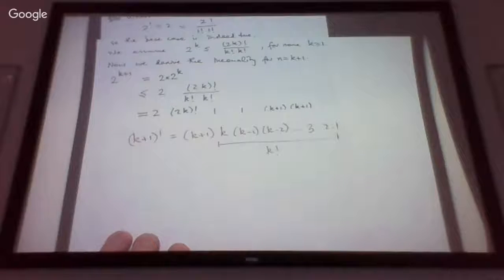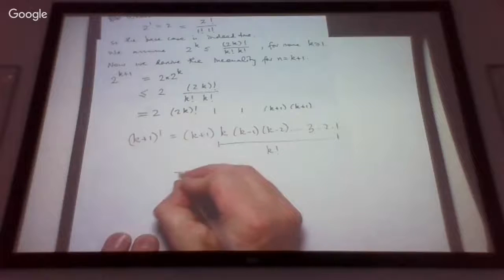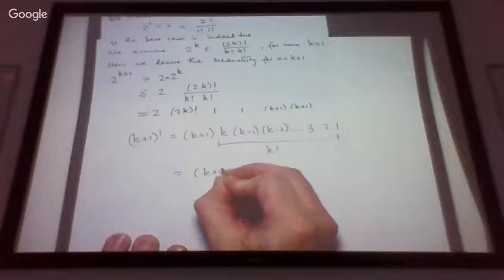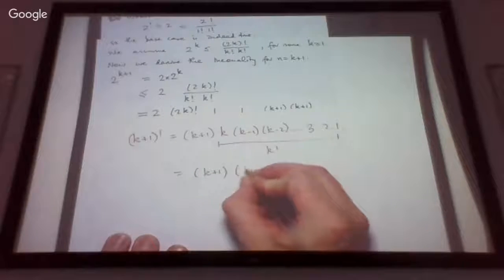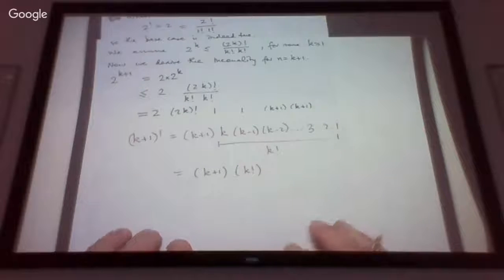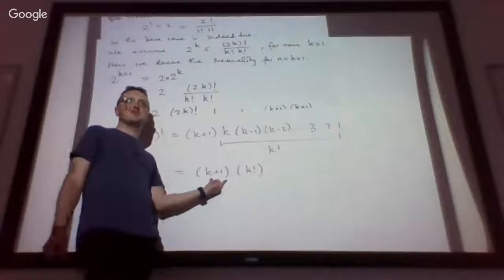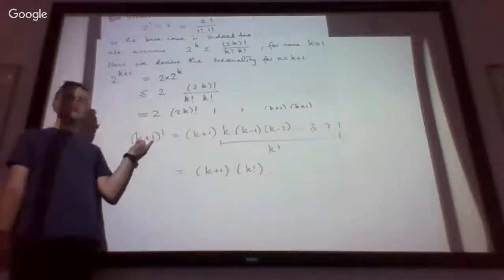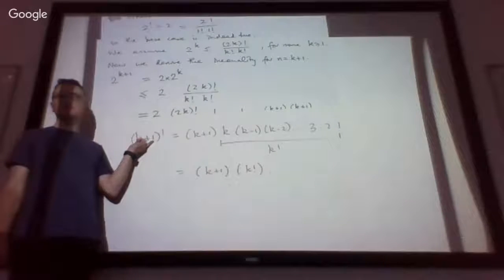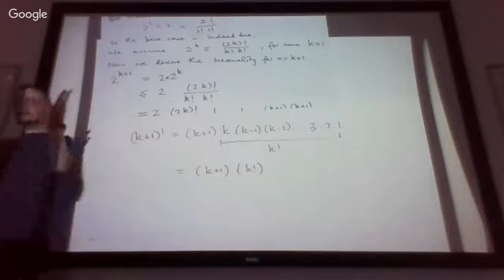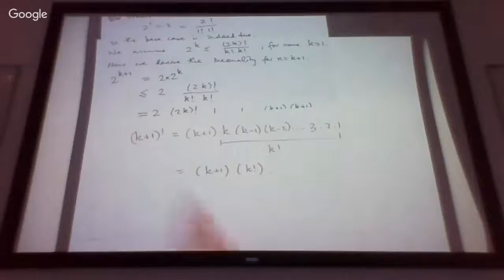So the factorial of k plus 1 is just k plus 1 multiplied by k factorial. If you take a k factorial multiplied by k plus 1, you get the factorial of k plus 1. You've got to understand that that's how neighboring factorials relate to each other.